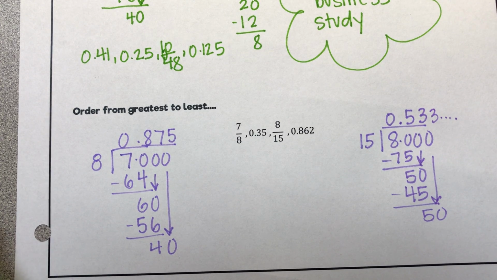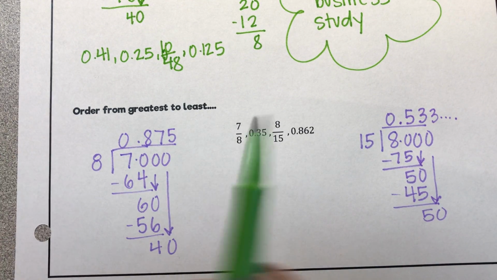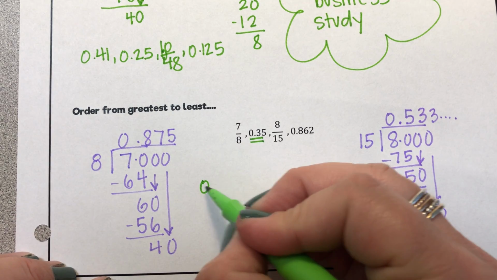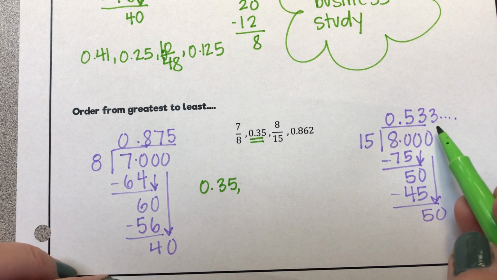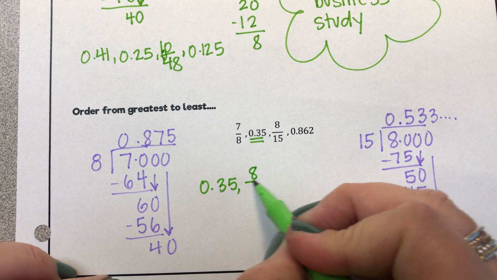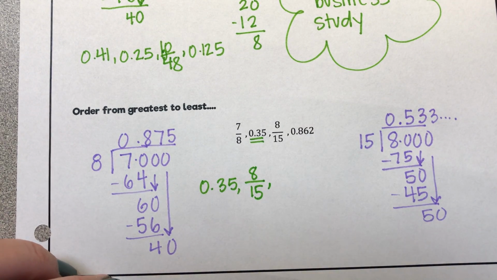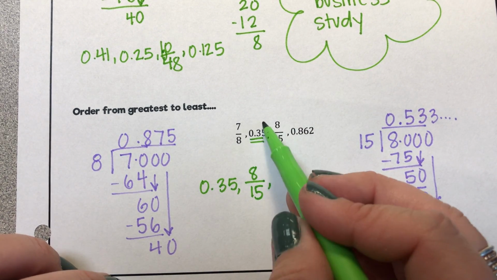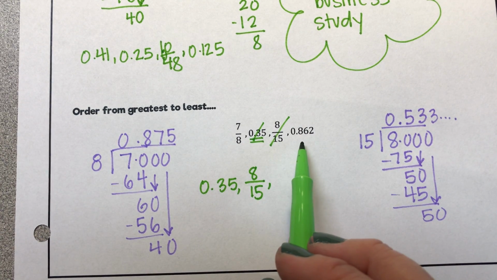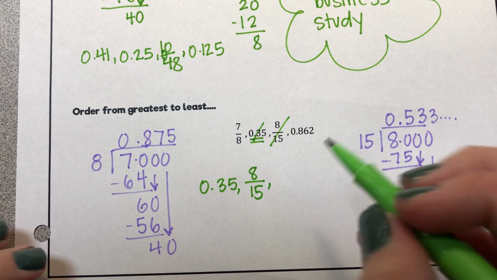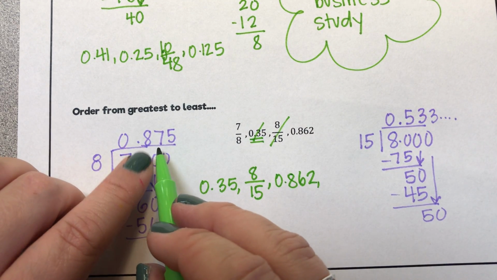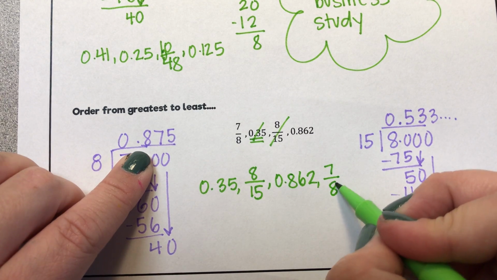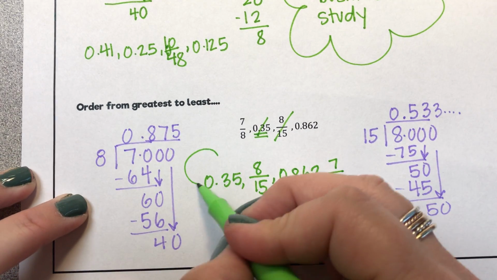So my smallest decimal, what is it? 0.35 is the smallest. Okay, then what would come next? This 0.533, which was 8 divided by 15. So what's left is 0.862 and 7/8. Well, 0.862 is smaller than 7/8, which is 0.875. So here is our correct order.